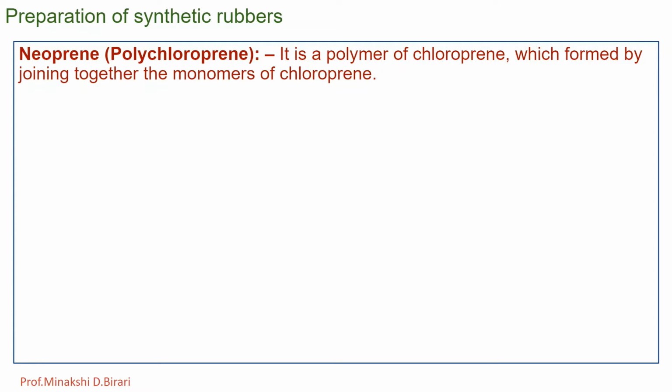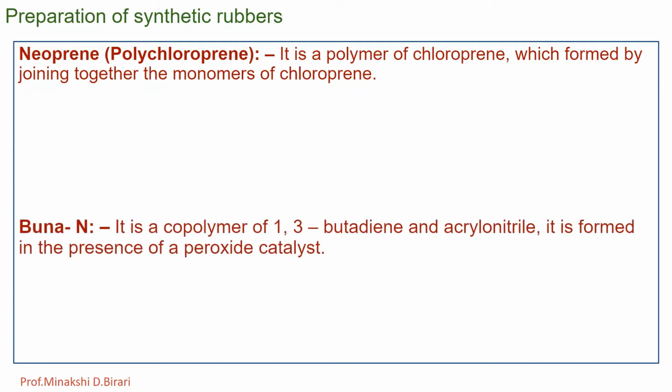Therefore, the starting material was 2,3-dimethyl-butadiene, from which the synthetic rubber can be prepared. This was further developed by polymerization of butadiene with sodium, and the synthetic rubber obtained was given the name Buna. So what is Buna N? It is formed by butadiene and natrium.